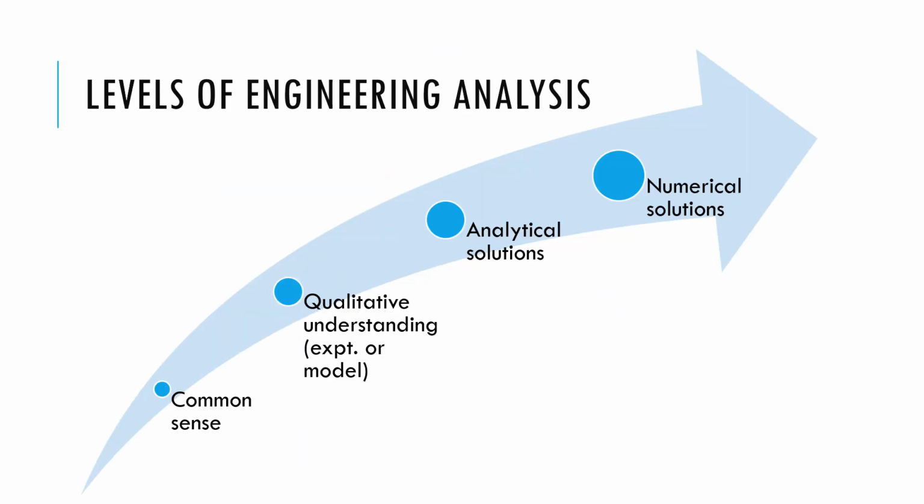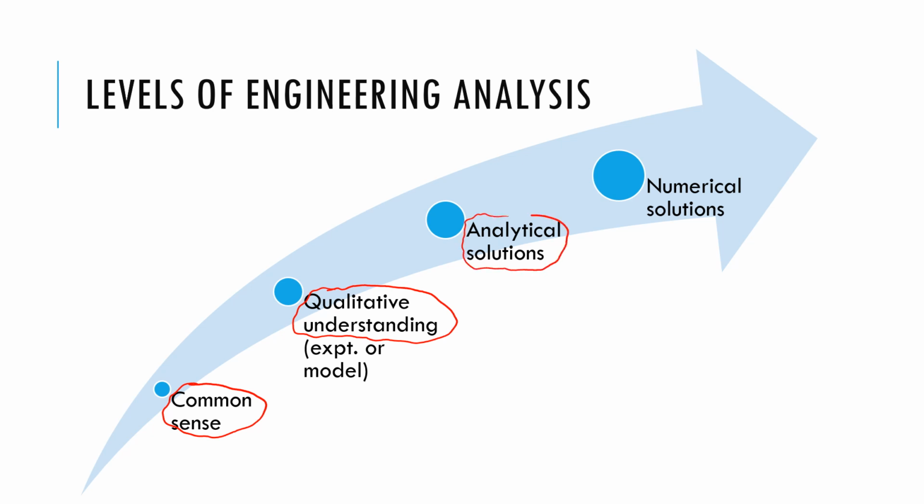General principle number 5. As already mentioned, many levels of engineering analysis or modeling are possible. For example, we can start from scientific common sense, sort of the lowest level of understanding, then move on to qualitative understanding from experiment or very simple models.